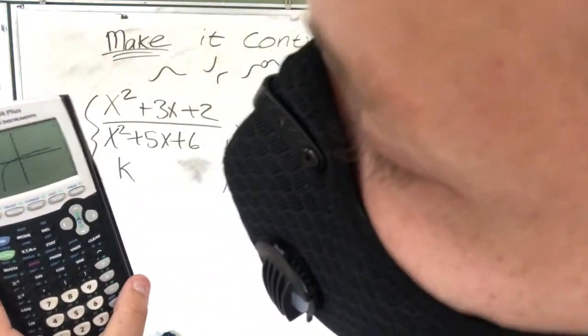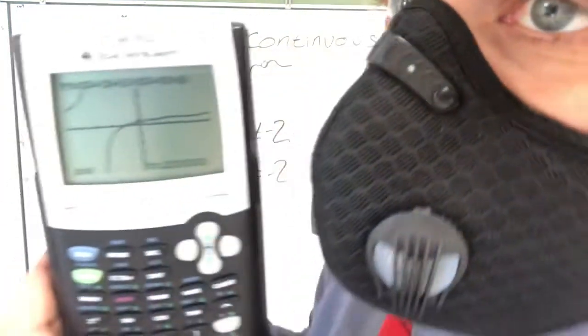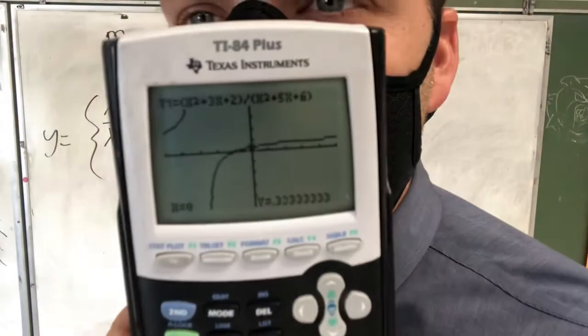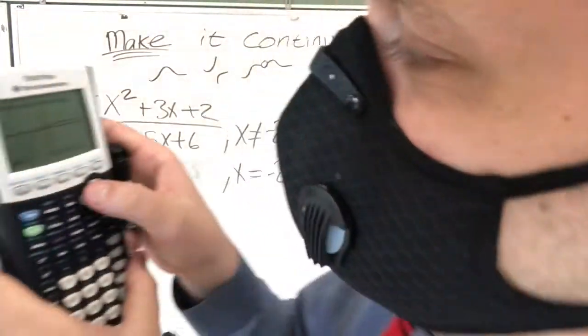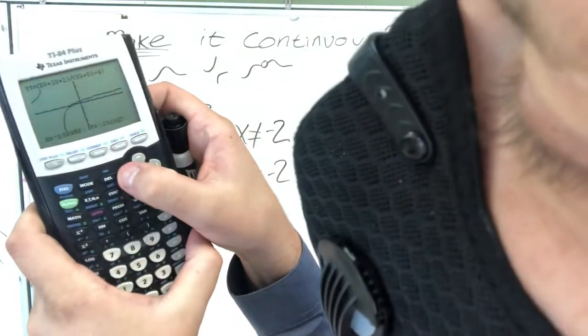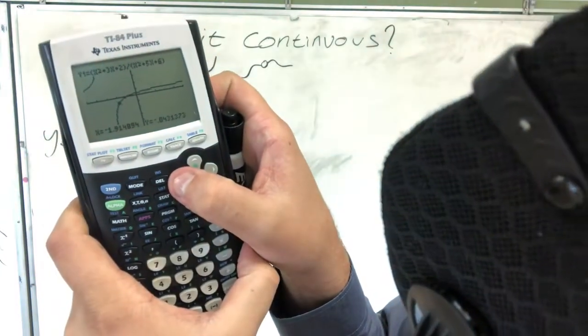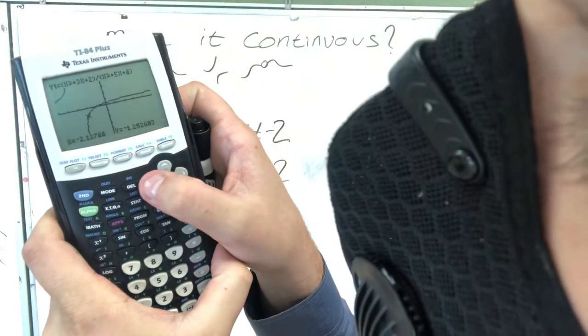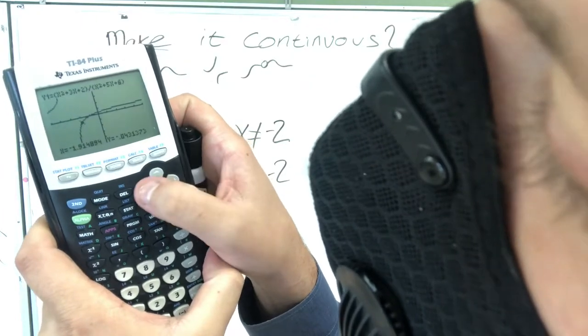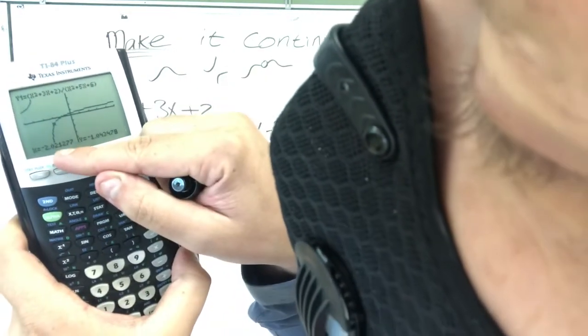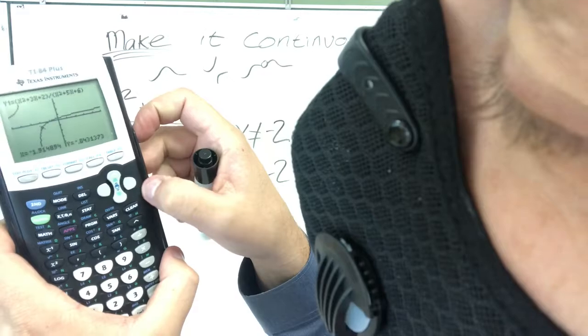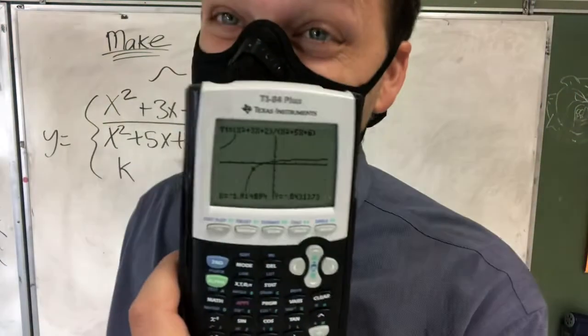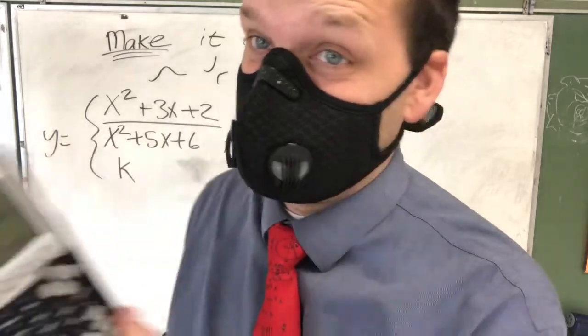Negative 2, you can see, is right there. It looks like there is a line there at negative 2. There's negative 2.02, negative 1.91. So it's really, really close. We're just not exactly sure how close because there's a hole.